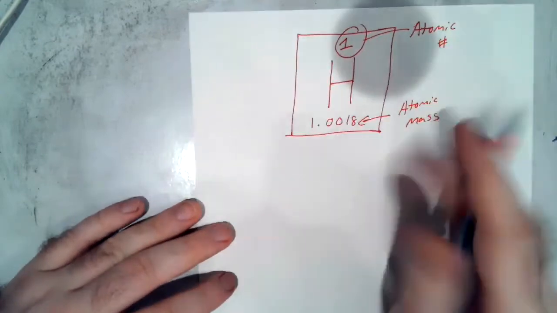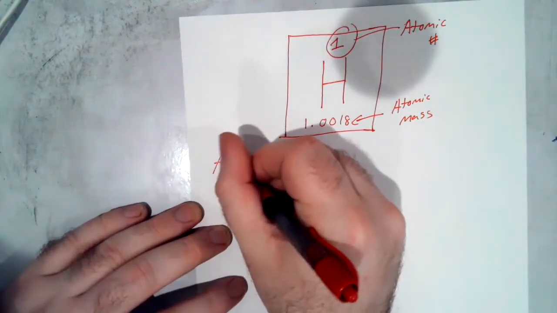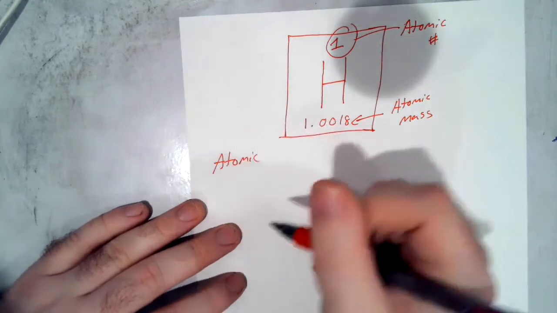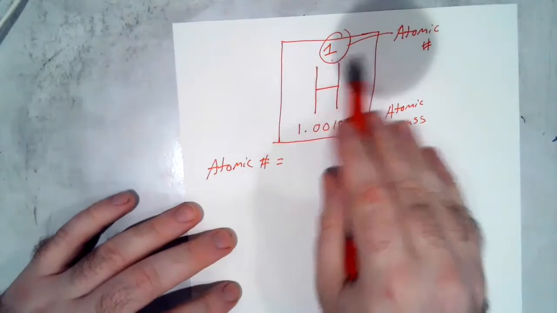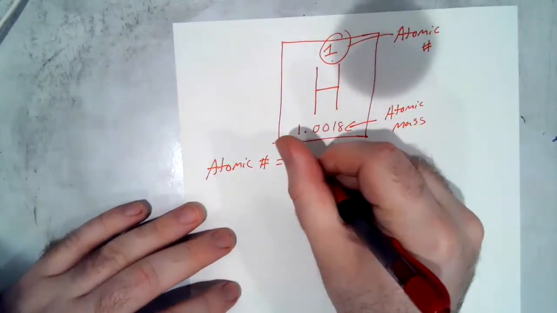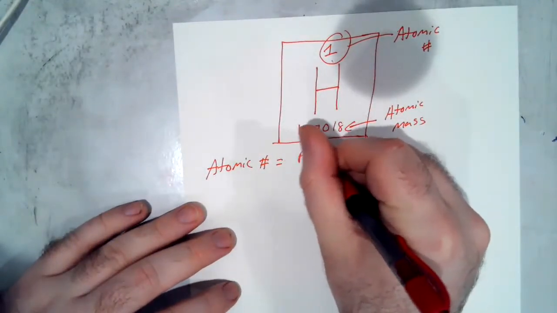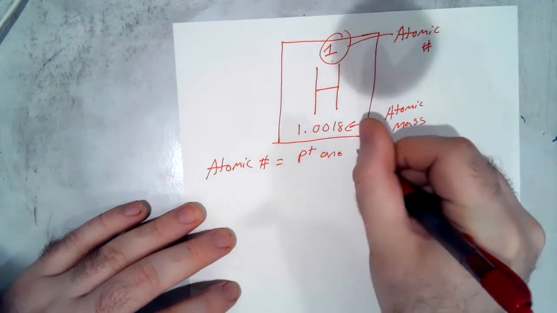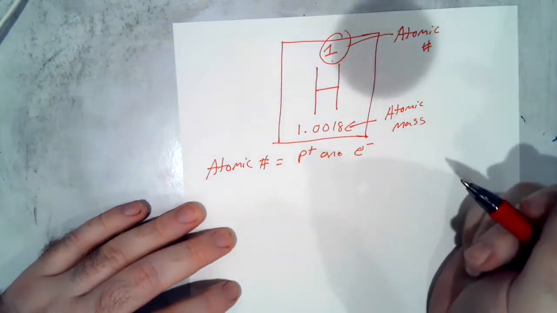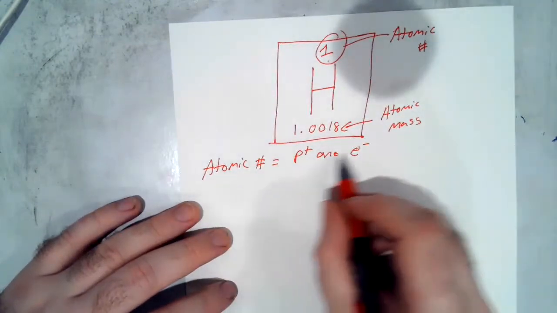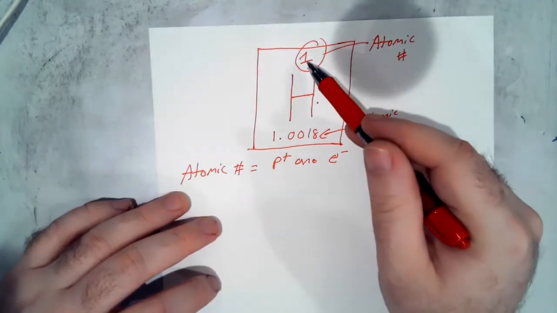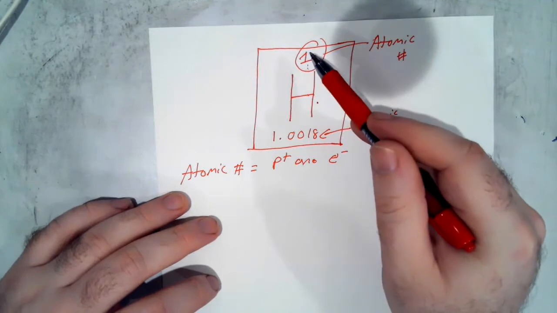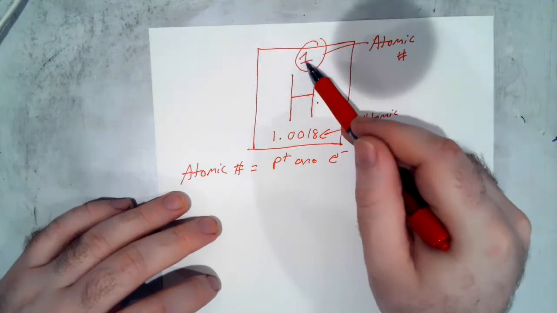So the atomic number is really useful, especially if you don't like math. So atomic number tells us two things. It tells us protons and electrons. How many of them there are, how many protons and electrons are in there. So in hydrogen, theoretically, there's 1 proton and 1 electron. 1 proton, 1 electron.